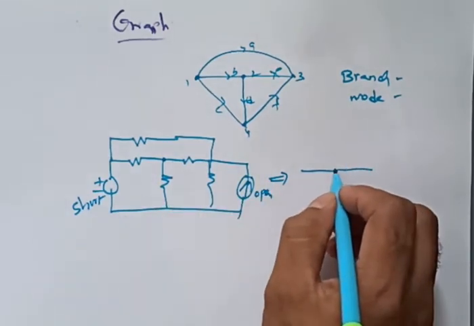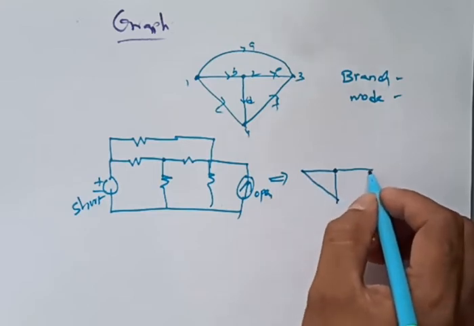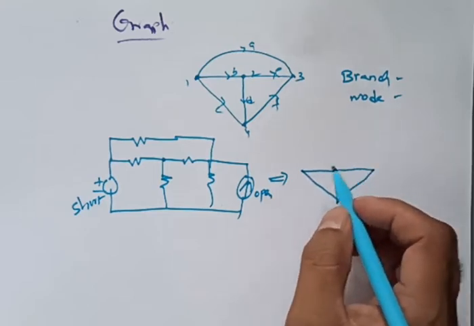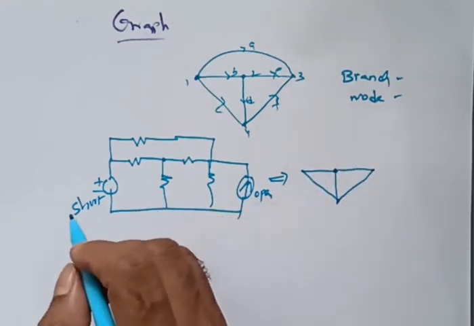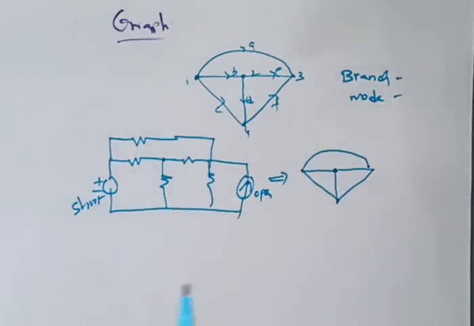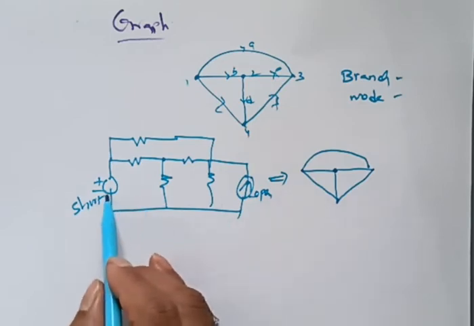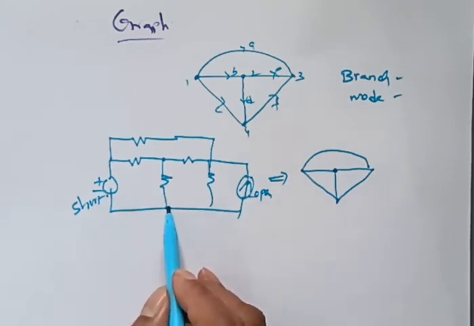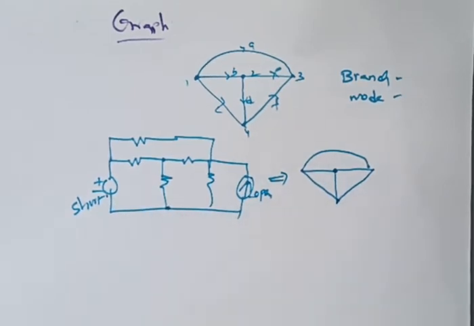Drawing the graph with those conditions gives this shape for the given network. The short-circuited points come under one common point, which is called the reference node.